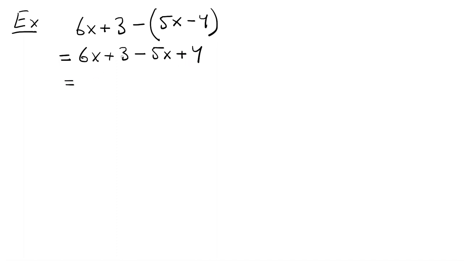And now, since we have an addition here, but okay, we have a subtraction, but if you want to be careful, we could write this as an addition, adding a negative number. Since we now have addition of 4 numbers, or sum of 4 numbers, we can put them in any order we like, because of commutativity and associativity of addition.